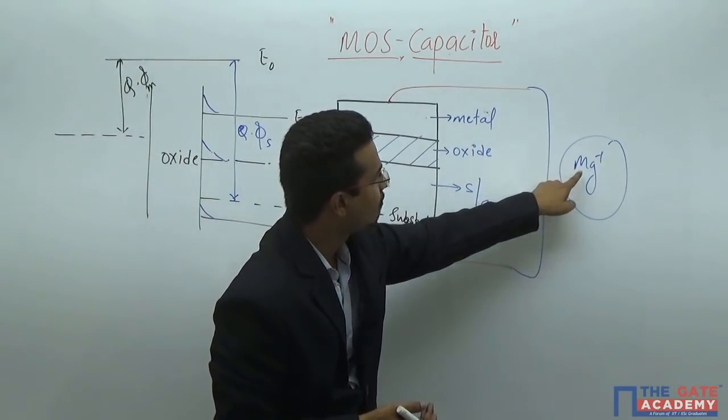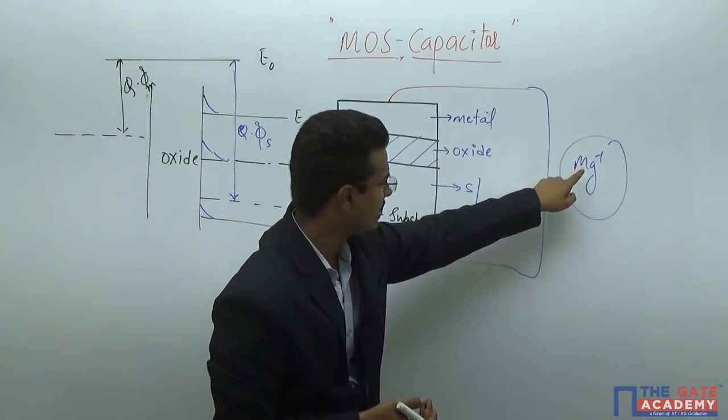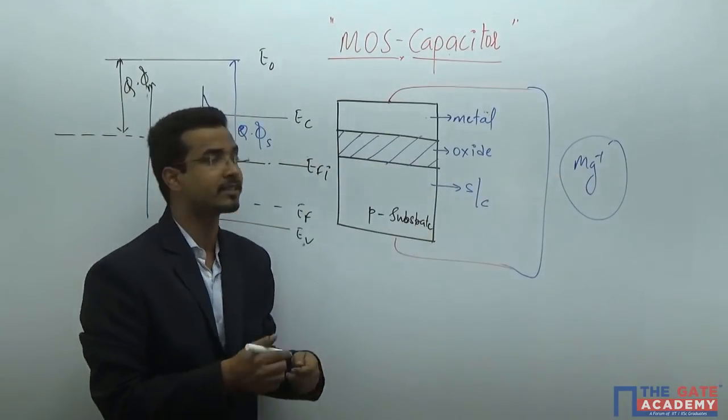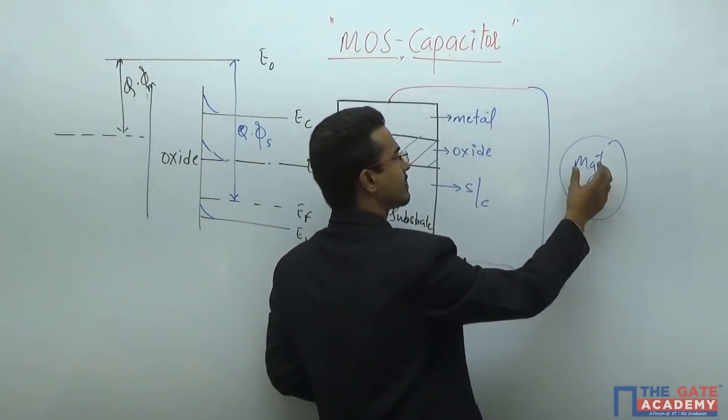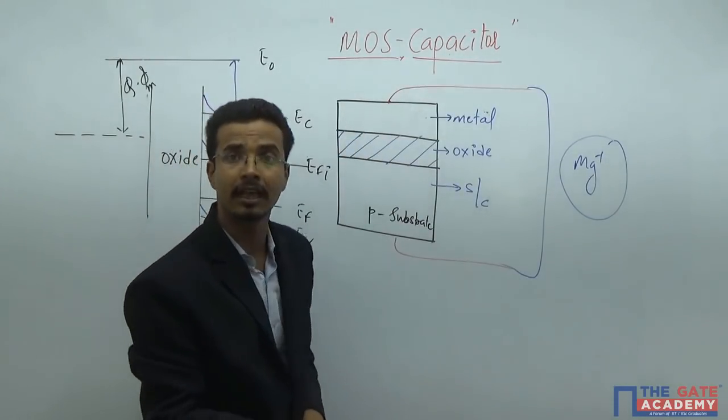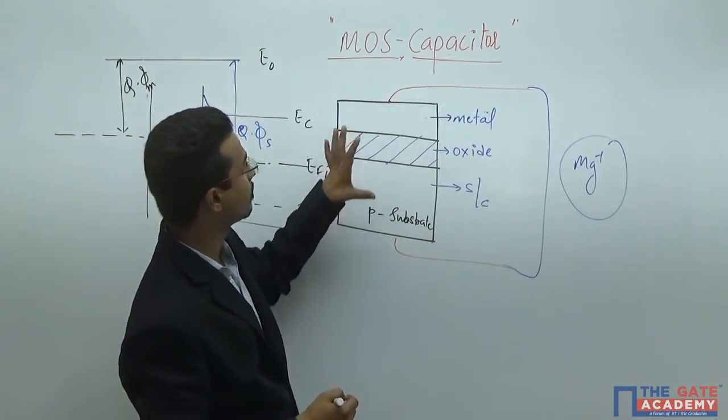The problem with this type of impurity is that it is soluble in SiO2. That means this particular Mg plus can move easily inside this oxide, which will alter the electrical behavior of this MOS capacitor.